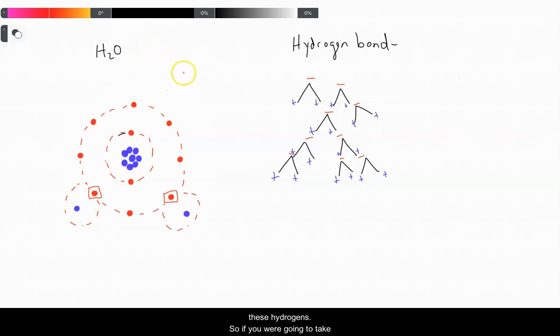So if you were going to take 100 pictures of where the electrons are of a water molecule, in 95 of those pictures, or say 95% of the time, the electrons are up here around the oxygen, and that means that the protons of the hydrogen are kind of hanging out.